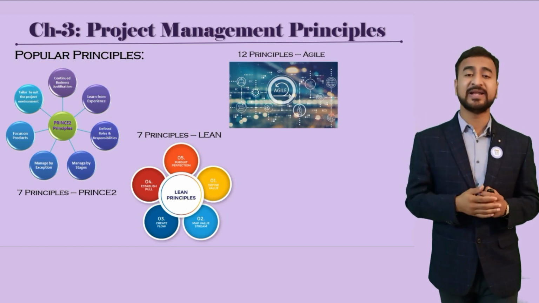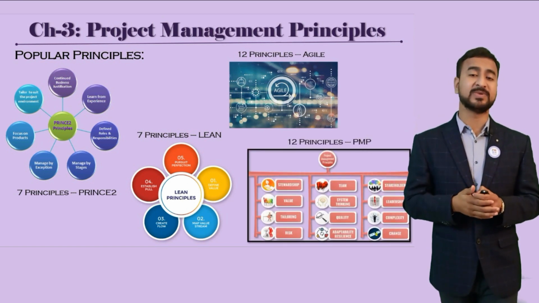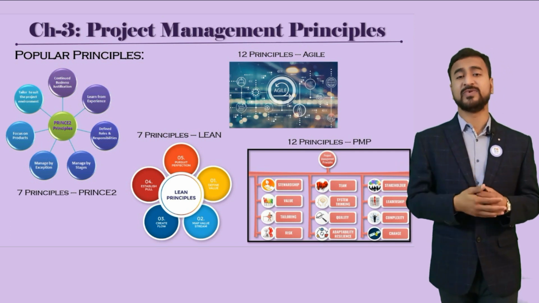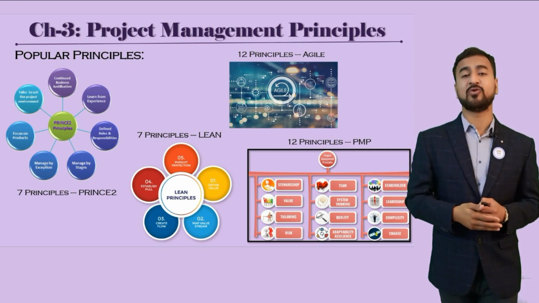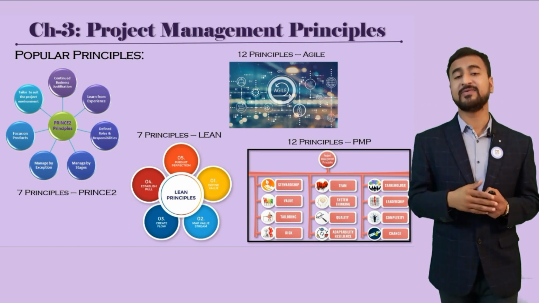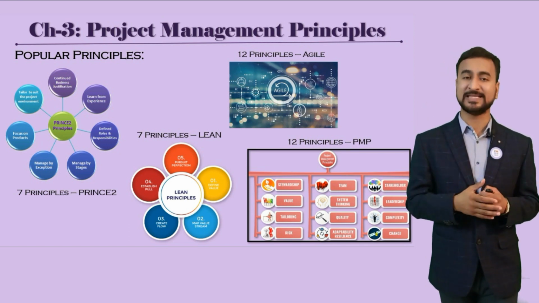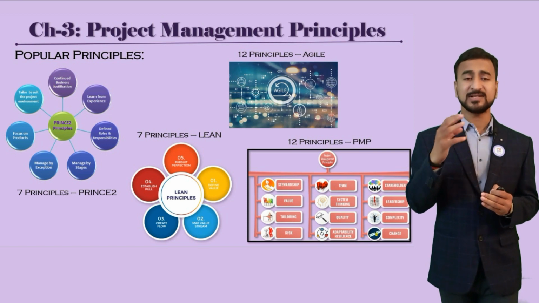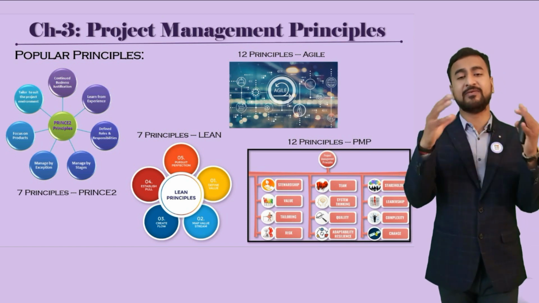The Agile Manifesto follows 12 principles, and PMP with the PMBOK 7, which was recently launched in 2021, also came up with 12 principles. These 7 or 12 might seem like magical numbers, but it is really useful that they cover all those aspects.